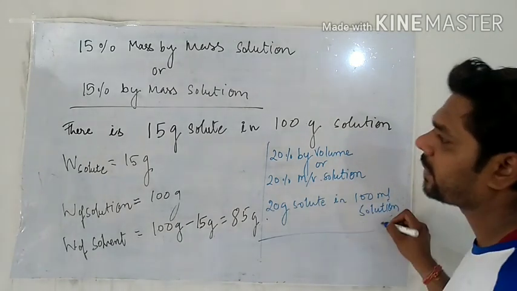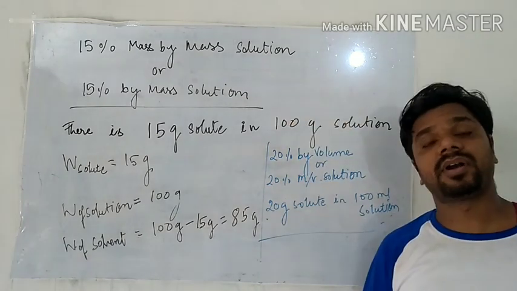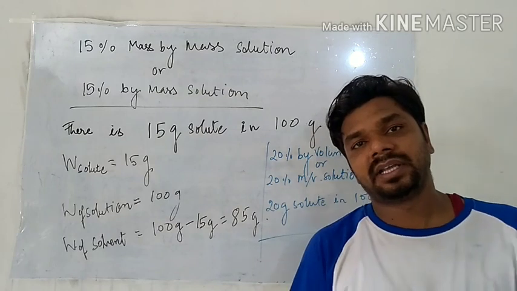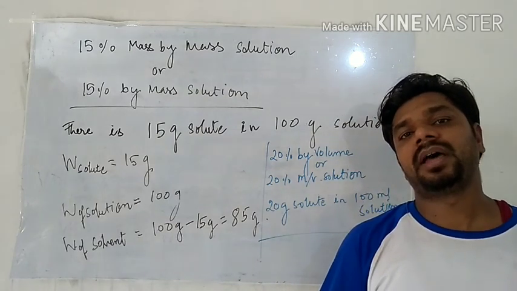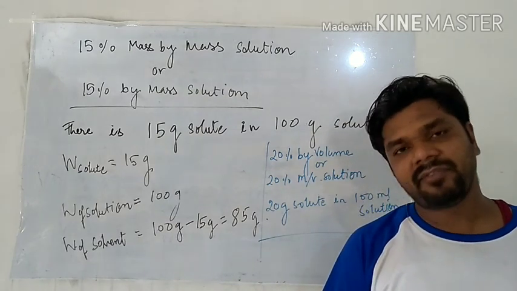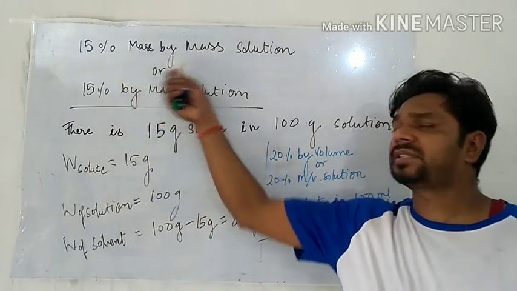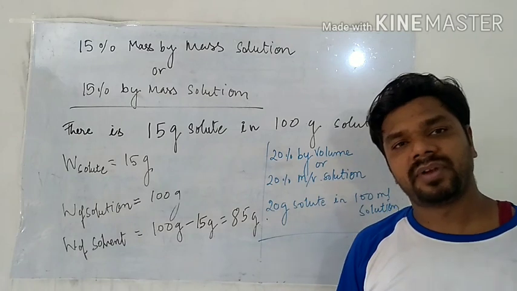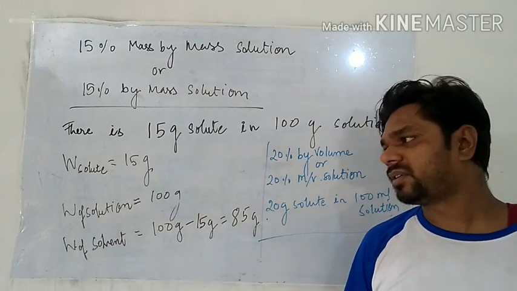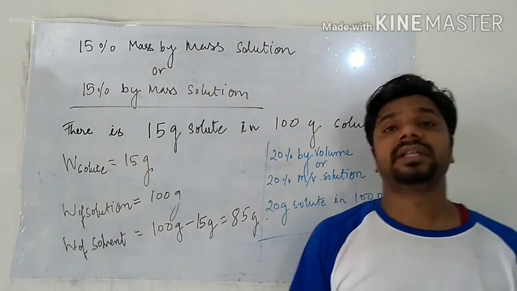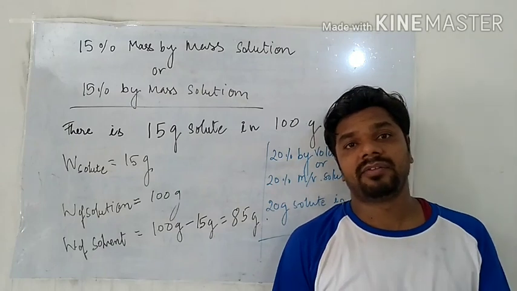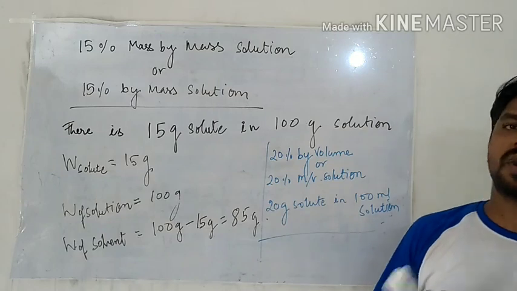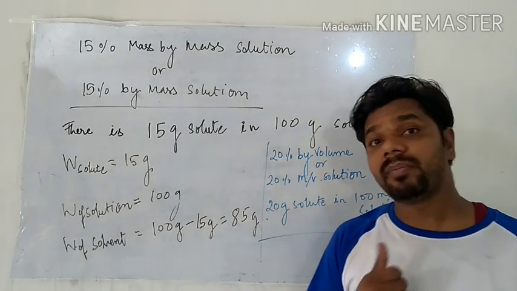Okay. So this is the importance of this percentage composition, because in the upcoming part of the chapter there will be several numericals in which only the percentage is given, and you have to find out what is the weight of the solute or what is the weight of the solvent, because these values will be required in further numerical problems. So we will see the next part of the concentration, that is the mole based concentration.